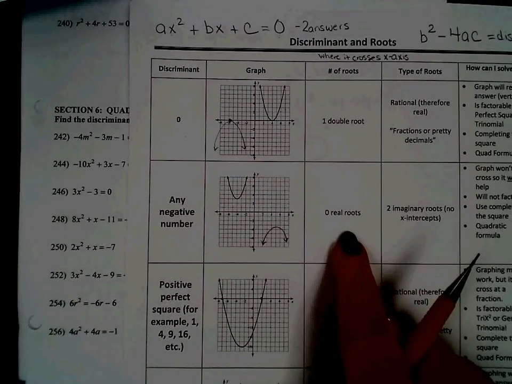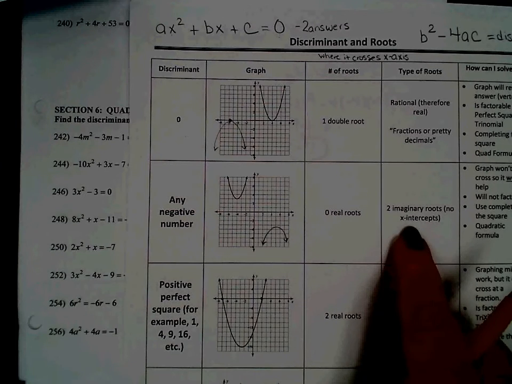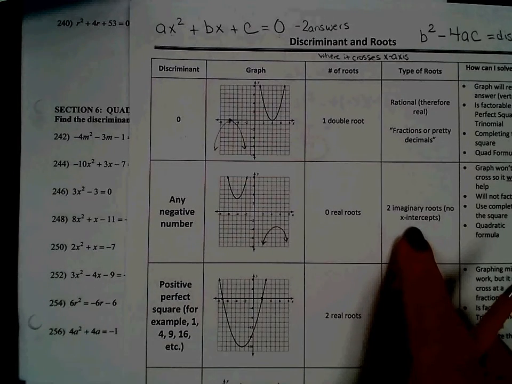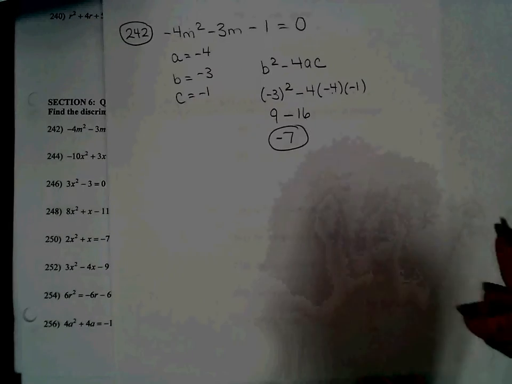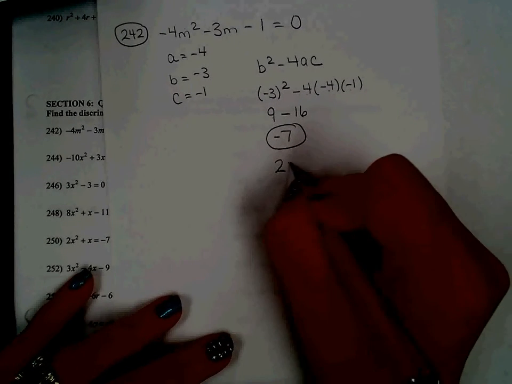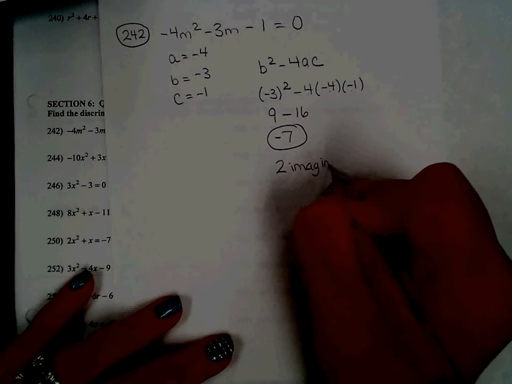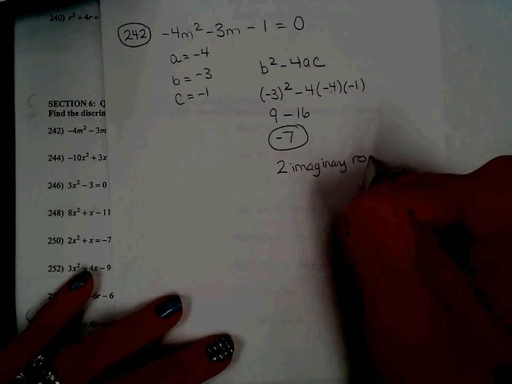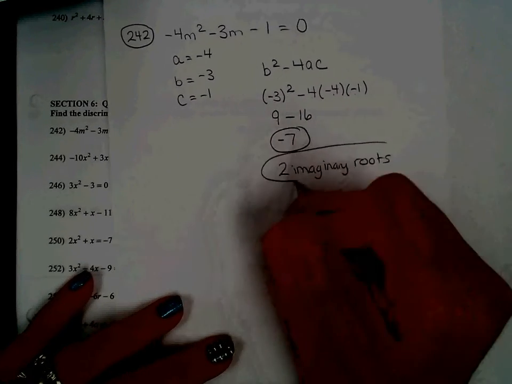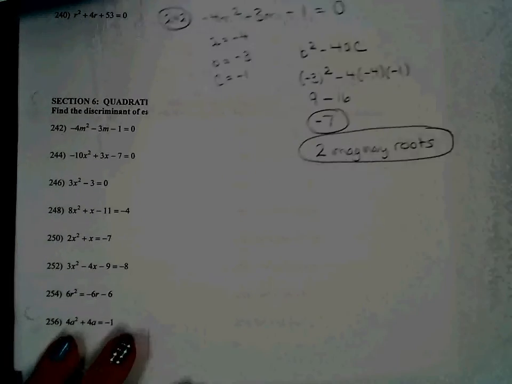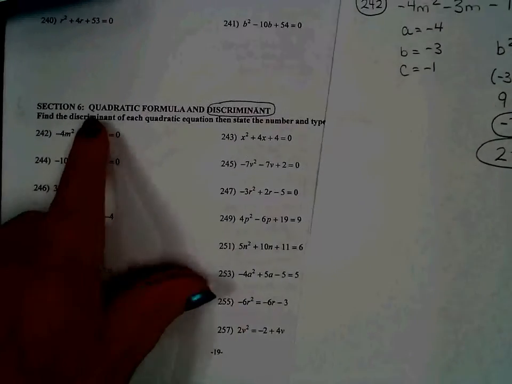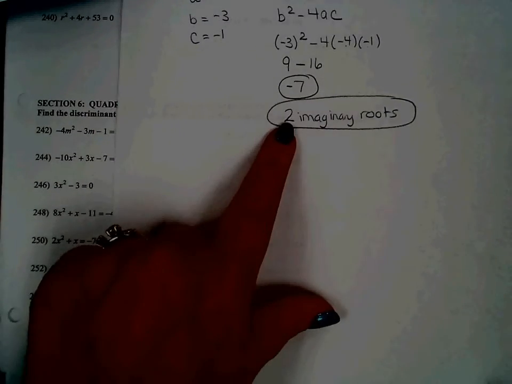There are 2 imaginary roots, because if I plug this into the quadratic formula, I would get a negative under the square root sign, so that makes imaginary numbers. So my two-part answer is the discriminant is -7, and I have 2 imaginary roots. And that's the answer. Find the discriminant, state the number, 2, and the type, imaginary.